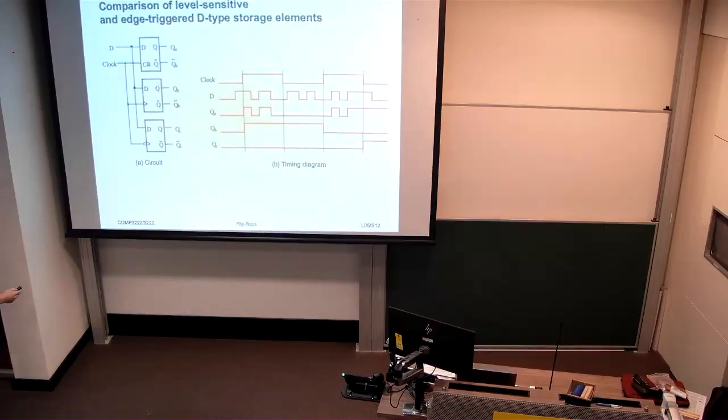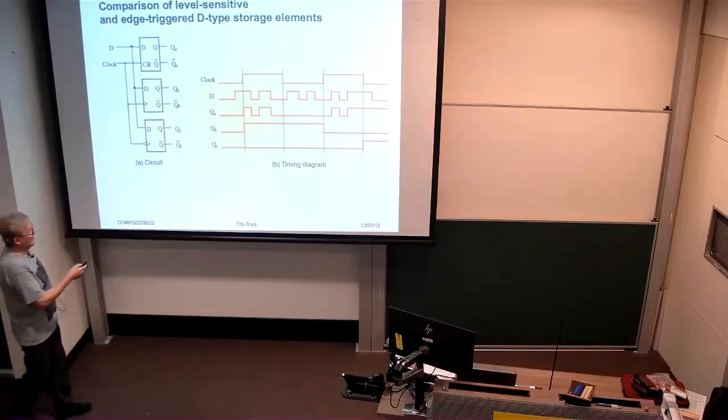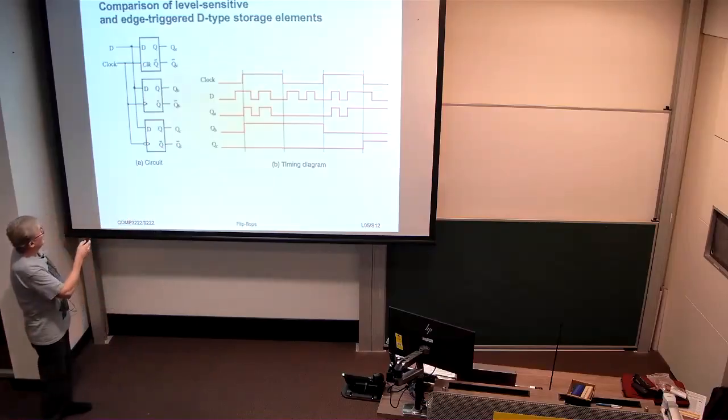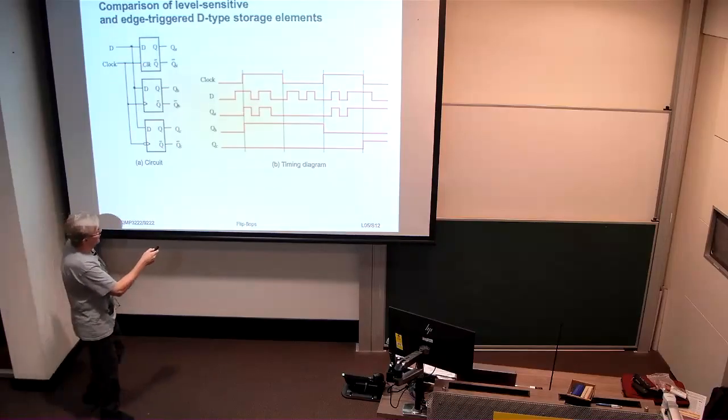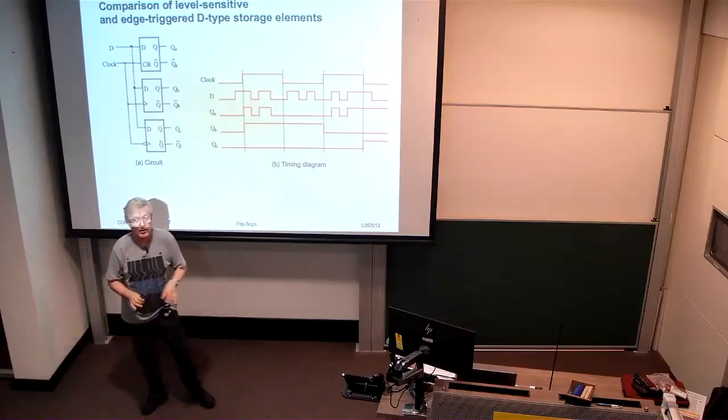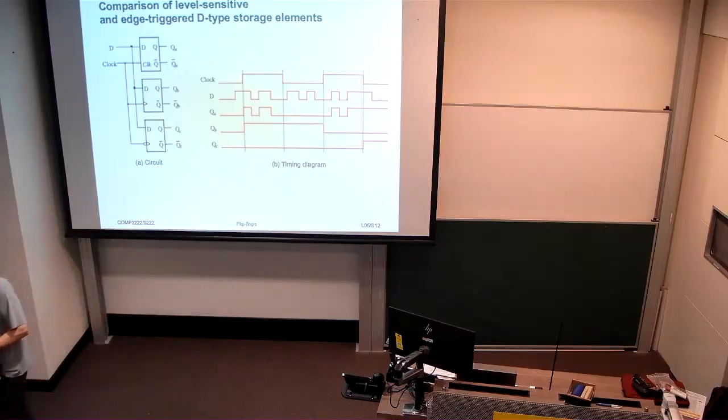So just to compare the three circuits that we've looked at, the D-type latch, the positive edge-triggered D-type flip-flop, and the negative edge-triggered D-type flip-flop, with a given clock signal up here and varying D signal as we see. The latch, QA, is transparent to D while the clock is high. So any changes in D while the clock's high, you see those on the output side of the latch.